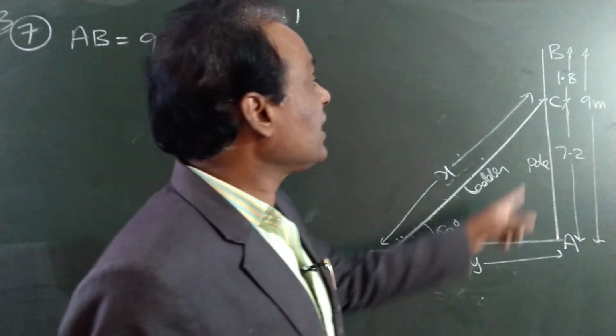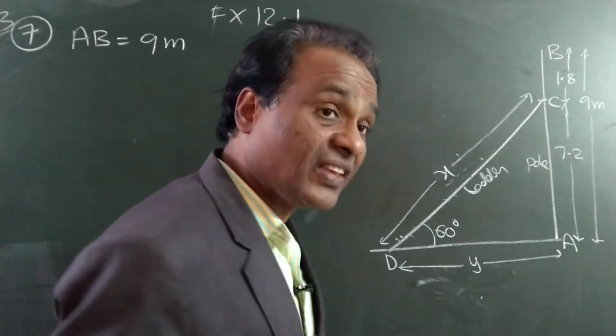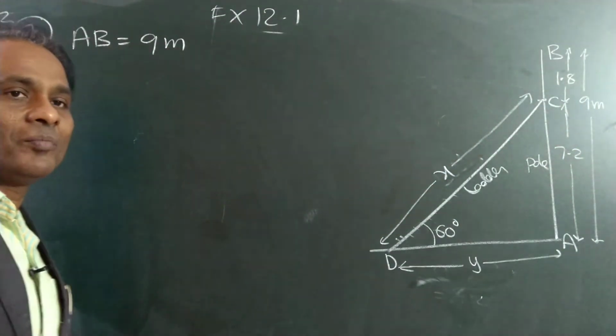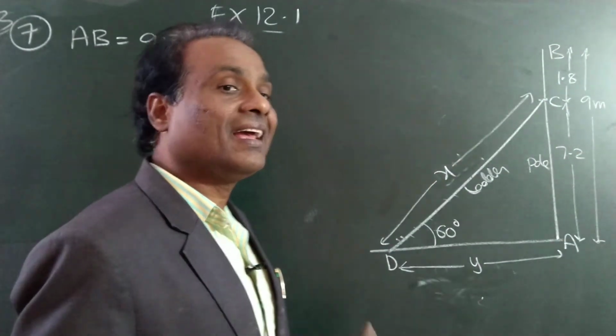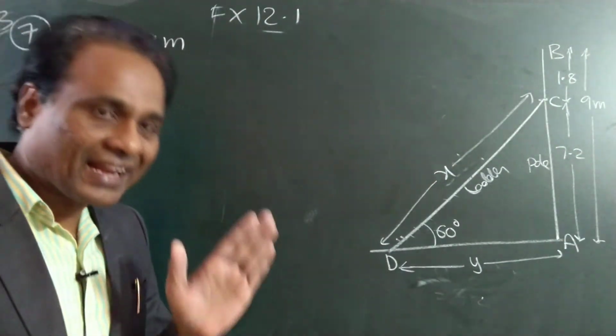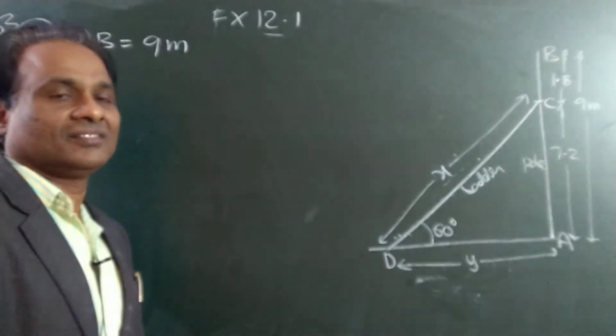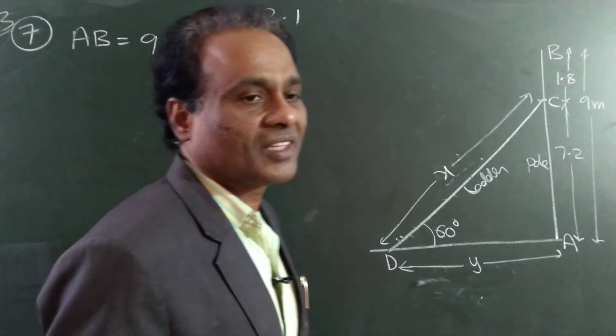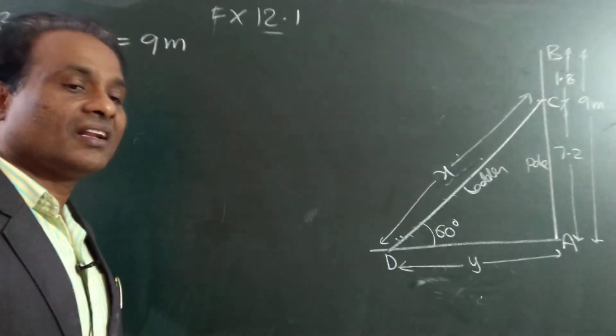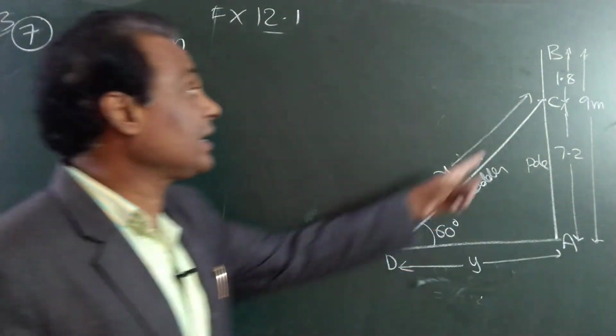Let the electrician need to reach the point C. But the electrician is not reaching this point, he is reaching this point. Let the electrician need to reach the point C.